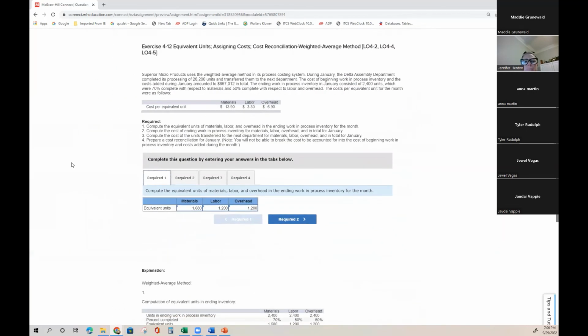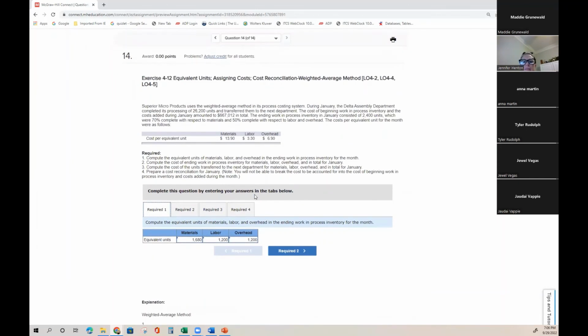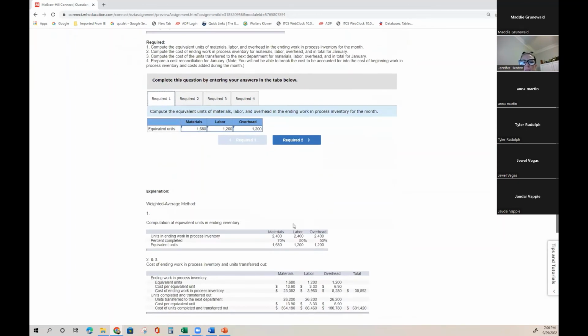So I have my 2,400 units going across here in all three: materials, labor, overhead. And then what was the percentage complete? Well, it told me 70, 50, and 50. So I'm just going to calculate it out by that. So I'll do my equivalent units. I have 1,680, 1,200, and 1,200. So I'm just filling those in the boxes, calculating that out.